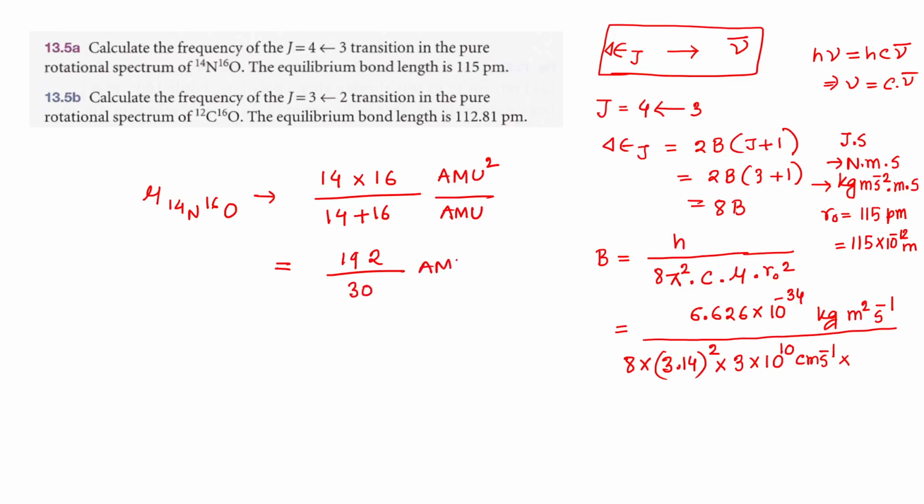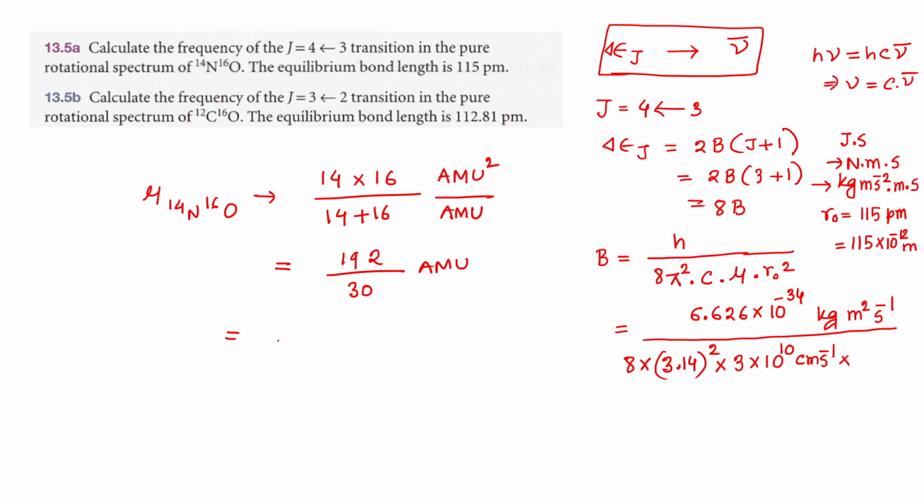AMU. Can you tell me how we can convert AMU to kilogram? 9.11 into 10 to the power minus 31 kg. Oh no, you have already given me the answer. I want to know what one atomic mass unit equals in kg.